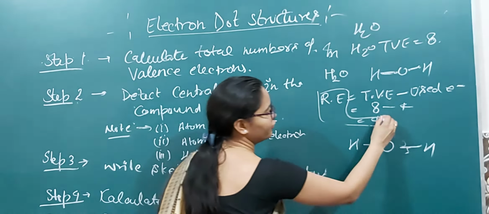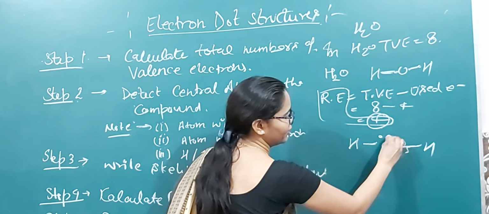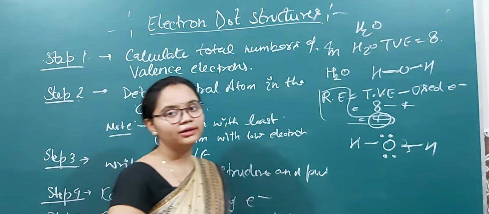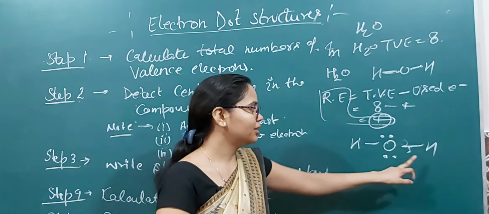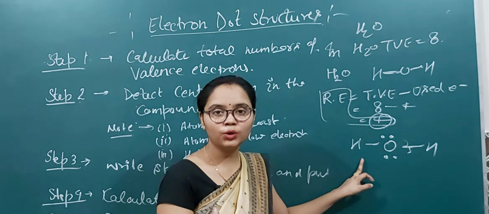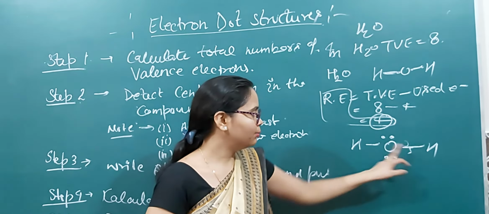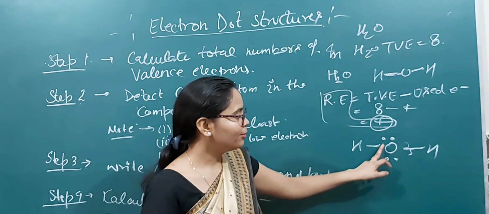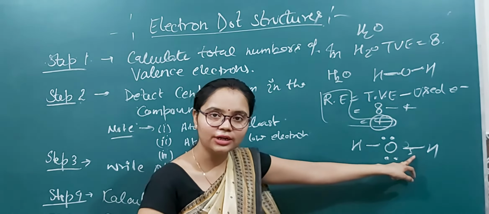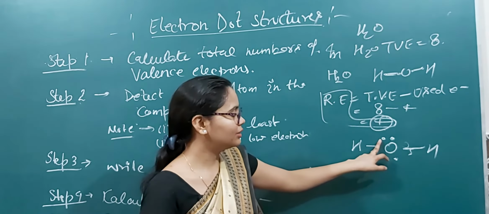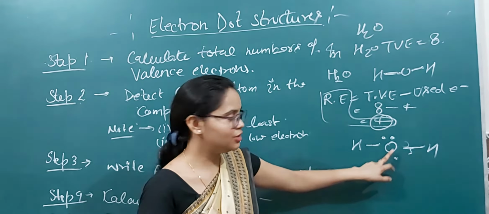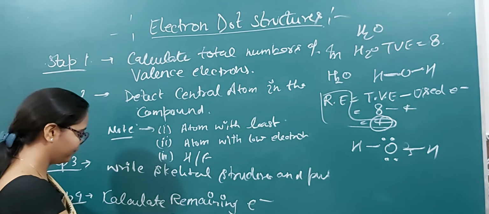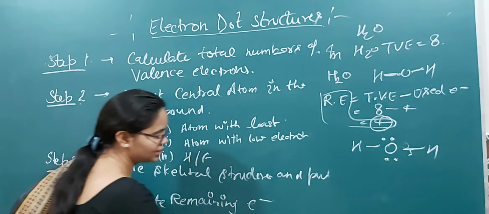I have 4 remaining electrons, so I have to put these 4 electrons on the central atom. Why on the central atom? Because hydrogen can accommodate only 2 electrons, and both hydrogens already have 2 electrons. So I cannot put these electrons on the hydrogen atoms. That's why I put them on the central atom, meaning on the oxygen atom. So this is step 5: put the remaining electrons as lone pairs.